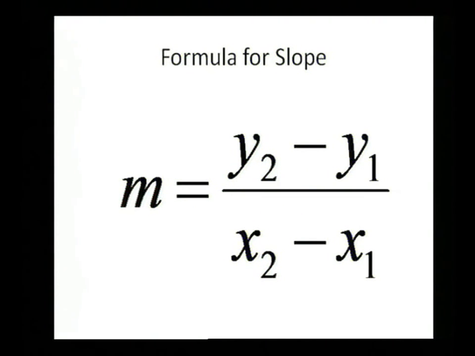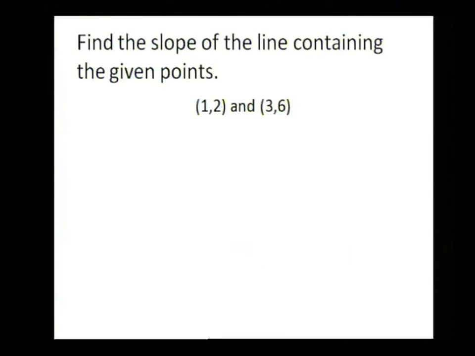We all know that if we want to find the slope of a line which is passing through 2 points (x1, y1) and (x2, y2), then the slope m is equal to (y2 minus y1) upon (x2 minus x1), and using this formula we can find the slope of the line containing the 2 points (1, 2) and (3, 6).